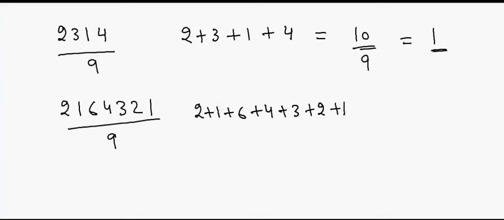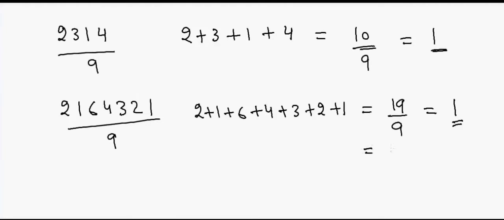So 2 plus 1 is 3, 3 plus 4 is 7, 7 plus 6 is 13... so we have 19 divided by 9. If you divide 19 by 9, I'll get a remainder of 1. So again, if you divide this number by 9, your remainder will be 1.